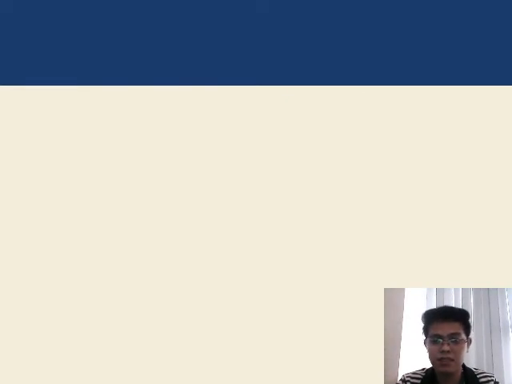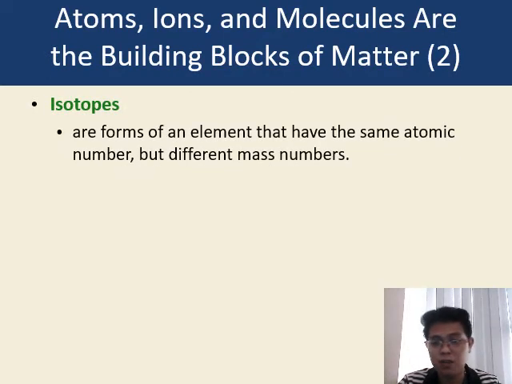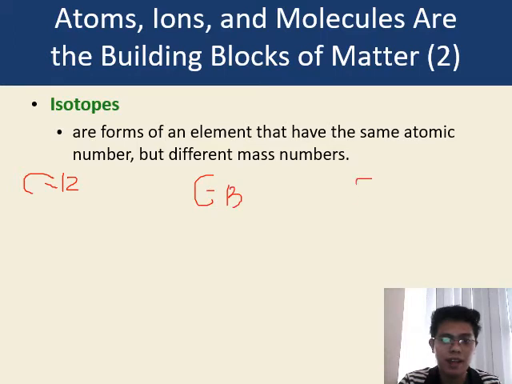Now, elements can be in different forms. It can be an isotope. An isotope is a form of an element that has the same atomic number but different mass numbers. For example, carbon has 3 isotopes. We have carbon 12, carbon 13, and carbon 14.